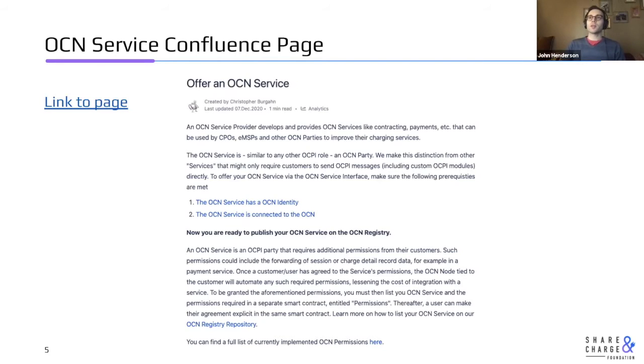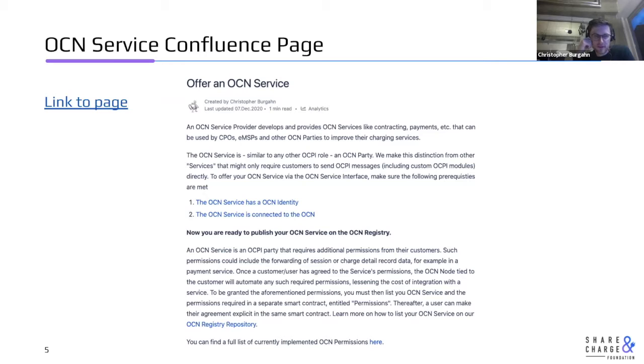The other announcement is that there's an OCN service Confluence page that Chris created in December regarding how to add an OCN service and some information about them. Do you want to add anything on this, Chris? No, not really. Thanks for introducing it.